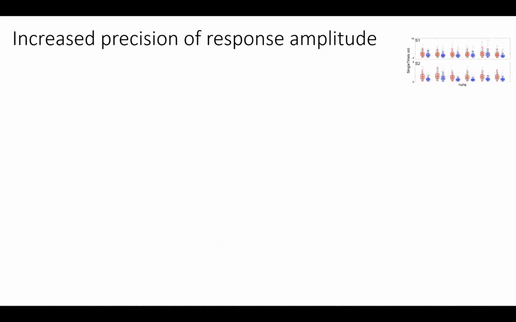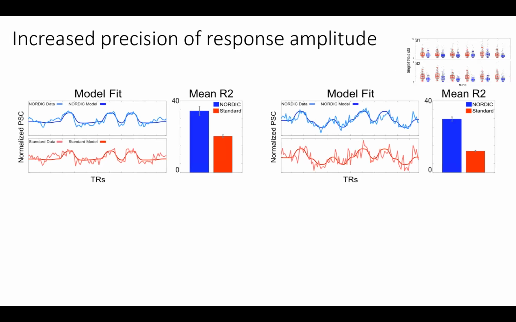Another way to look at the precision of the response estimates, something that we like to do quite a lot, is looking at model cross-validation, very simple model cross-validation. So we can compute our GLM on a given run, estimate our beta weights, our parameters with standard least squares residual stress. And then what we can do is multiply the betas that we've derived in run 1 by the design matrix of run 2.